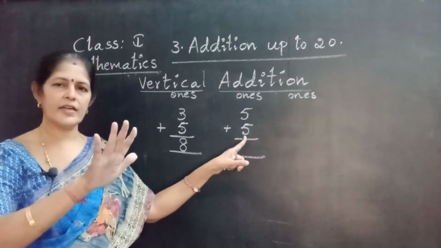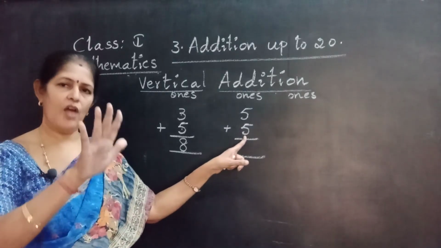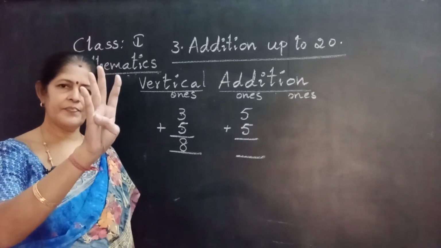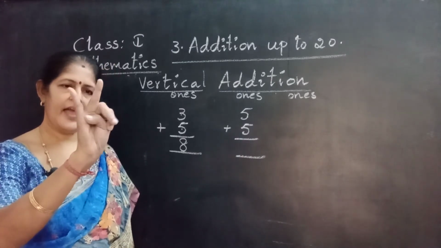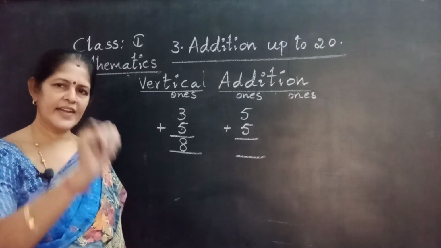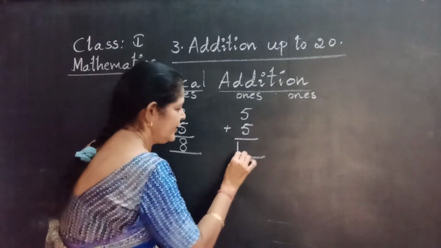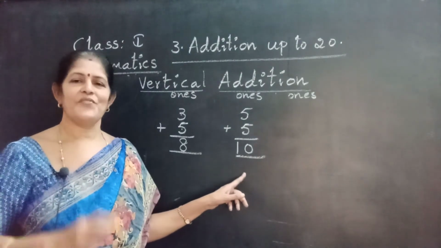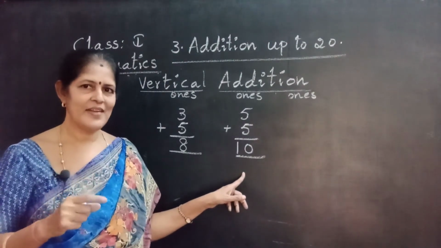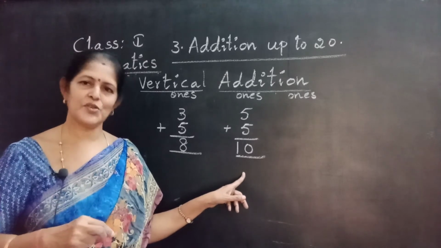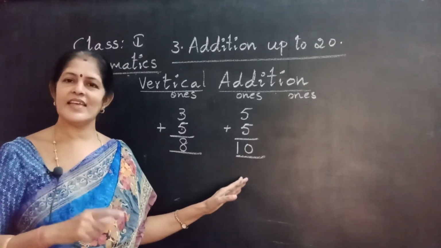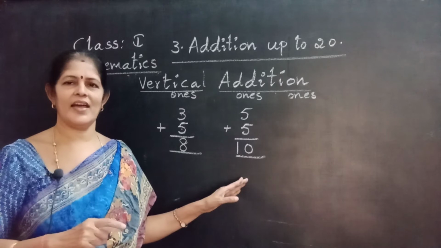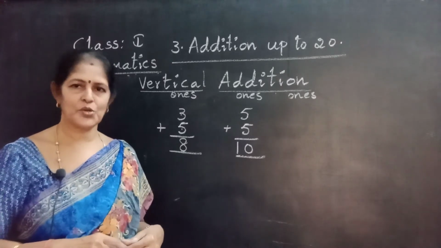That's why we start counting after 5: 6, 7, 8, 9, 10. 5 plus 5 is 10. 10 is a two-digit number. 10 is the first two-digit number and the smallest two-digit number.